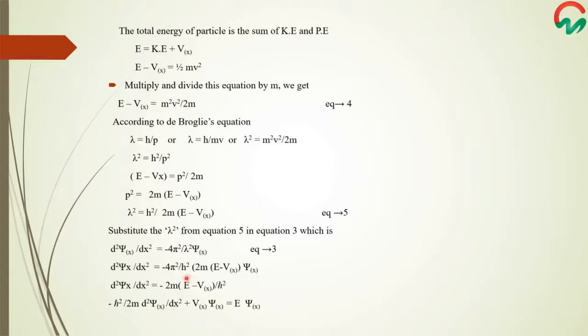Now we will replace h by 2 pi with h bar, and this equation becomes d square psi(x) over dx square equals minus 2m(E minus V(x)) by h bar square. Now we rearrange this equation into the final form, and we get minus h bar square over 2m into d square psi(x) over dx square plus V(x) psi(x) equals E psi(x), which is the final form of the Schrodinger wave equation.